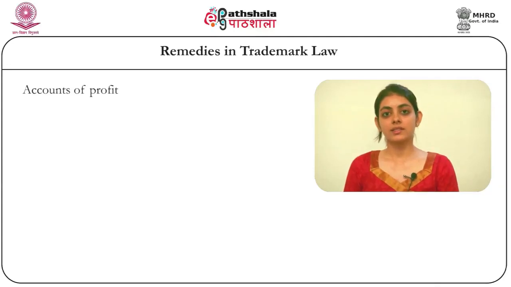In certain cases, at least in the Trademarks Act, you would have noticed the word "or" between the reliefs damages and accounts of profits. A plaintiff has to elect between these two reliefs. The reason for this election is that most commonly there would be a complete overlap between the plaintiff's losses and the defendant's profits.